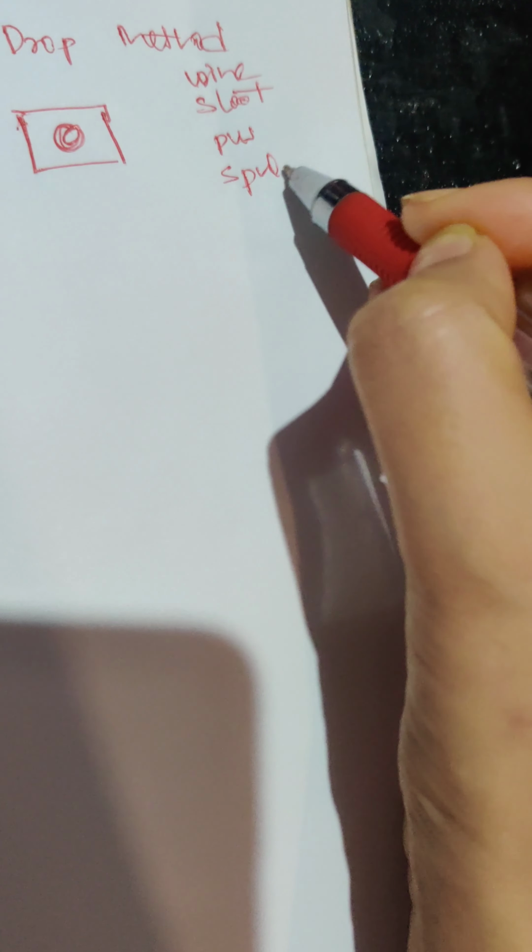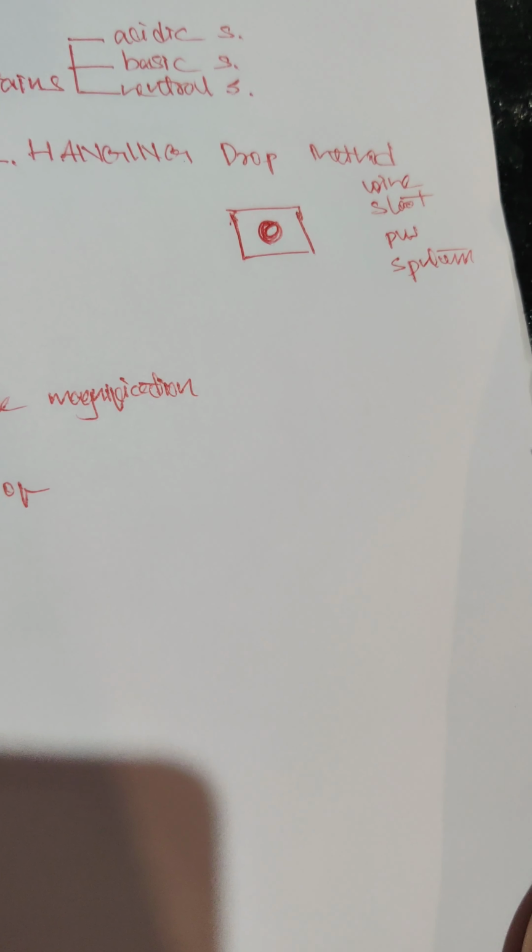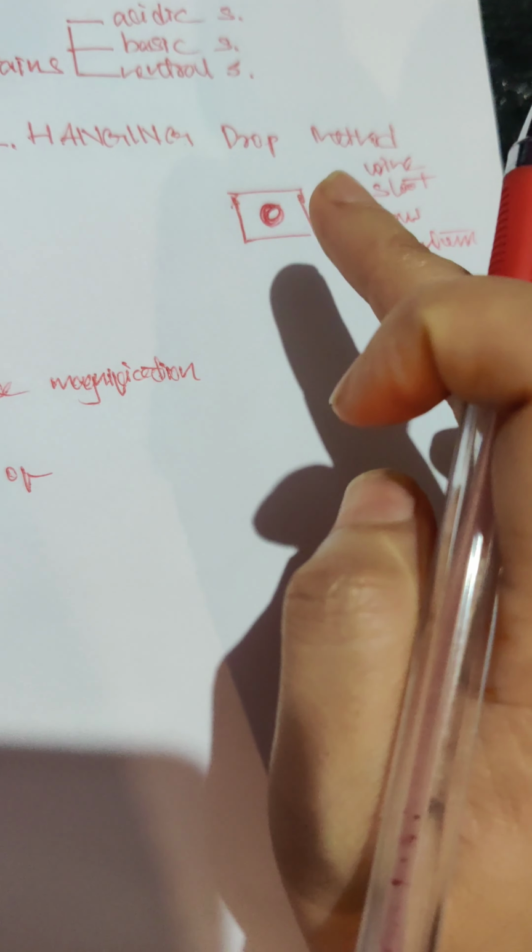We take the samples and put them on the cover slip with the help of an inoculating loop. After that, we take a glass slide and put it over the cover slip. It will somehow look like this. I'm not doing it practically, so I am drawing it for your better understanding.